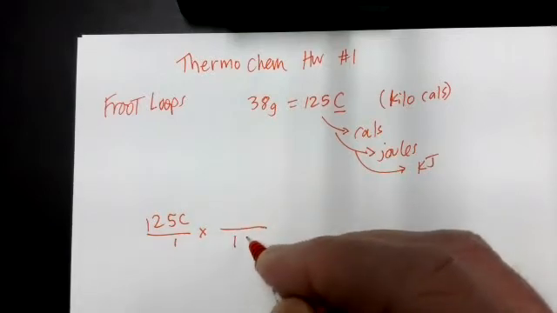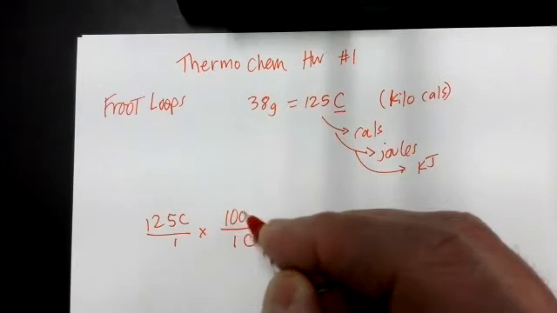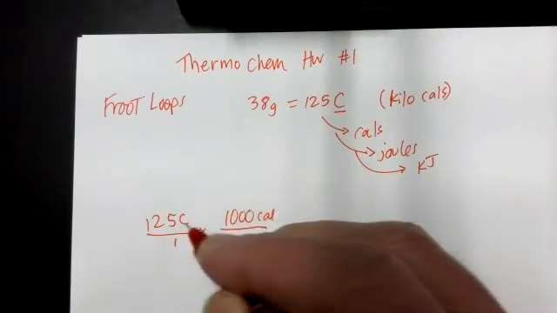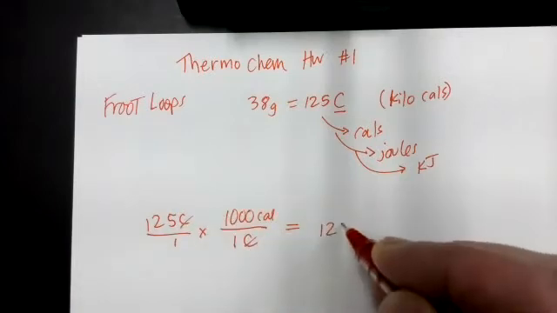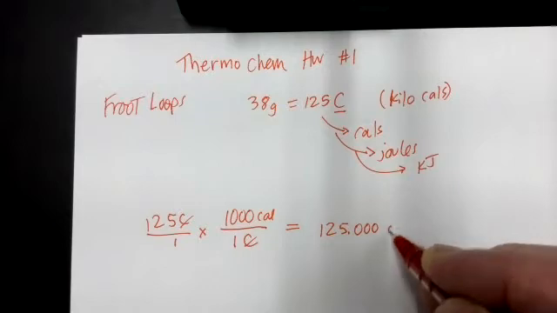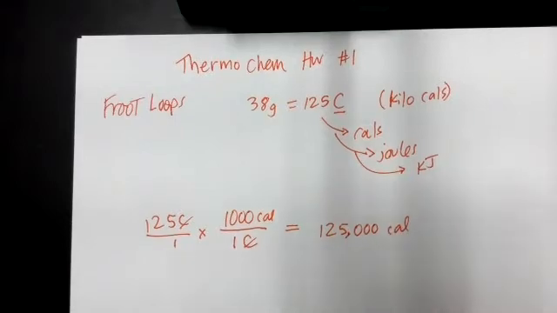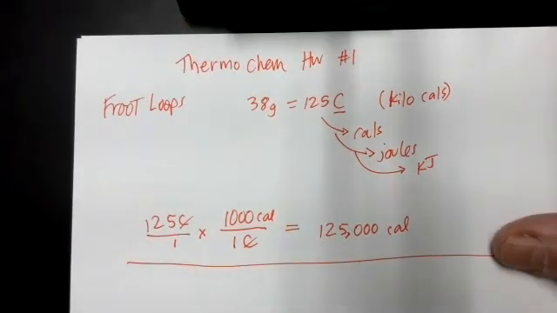So we could say 1 big C is equal to 1,000 cals. The C's cancel, and 125 food calories equals 125,000 cals. Now, it's the same exact amount of energy, but if you were going to eat it, 125,000 sounds too big, so we use 125. It sounds a little more palatable.